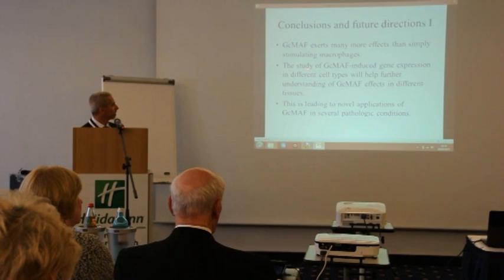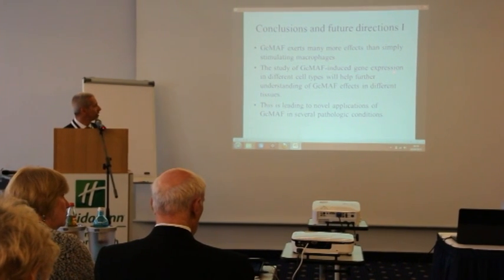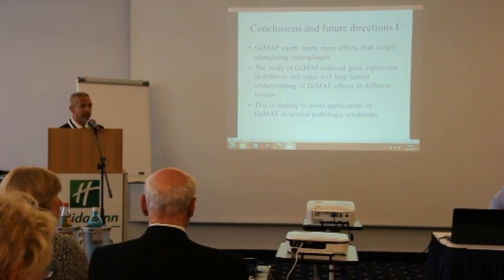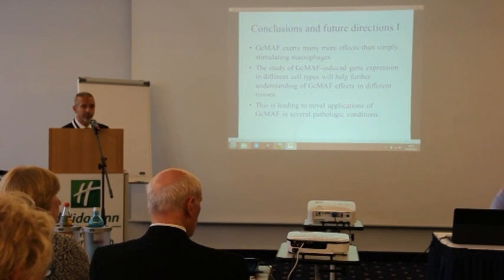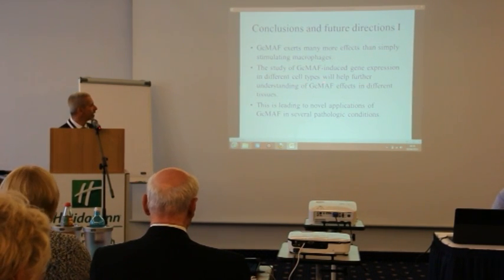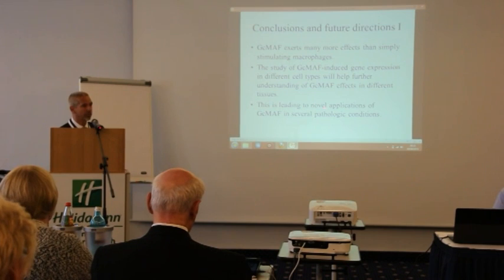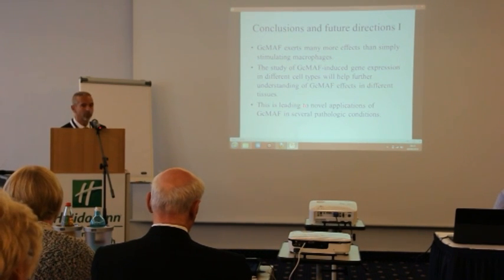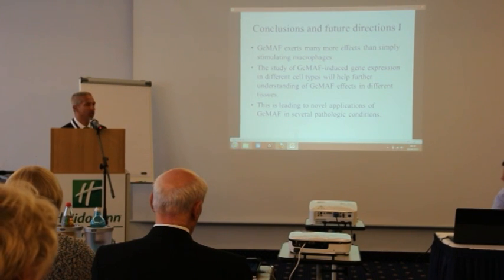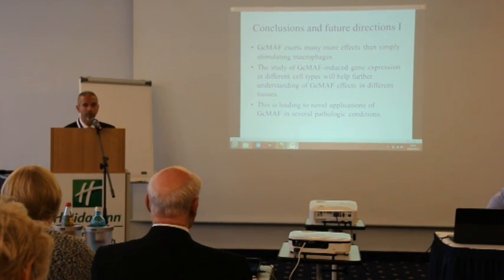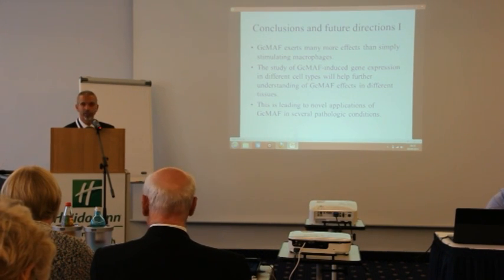And the study of GcMAF-induced gene expression in different cell types, in different tissues, in different pathological conditions, will help the further understanding of GcMAF effects in different tissues and possibly lead to novel applications in several pathologic conditions, but not only pathologic, unless we consider aging a pathology, which I don't, because we see that the effects of GcMAF on neurons can counteract the effects of aging.